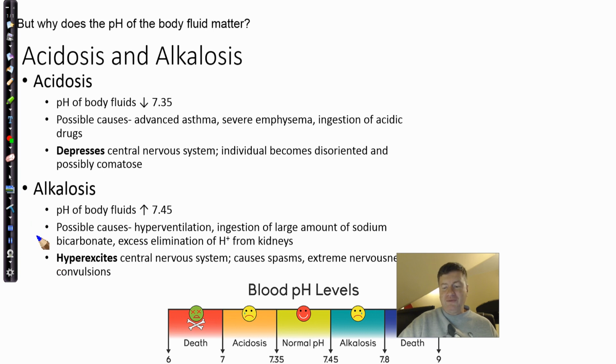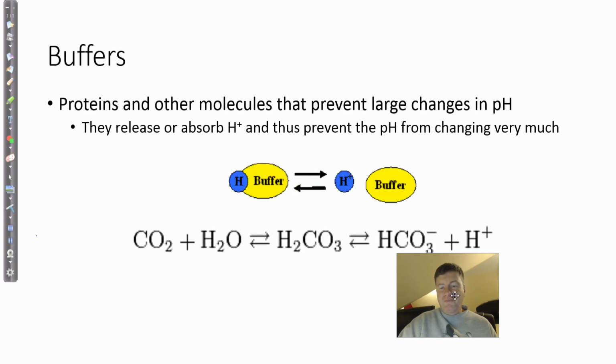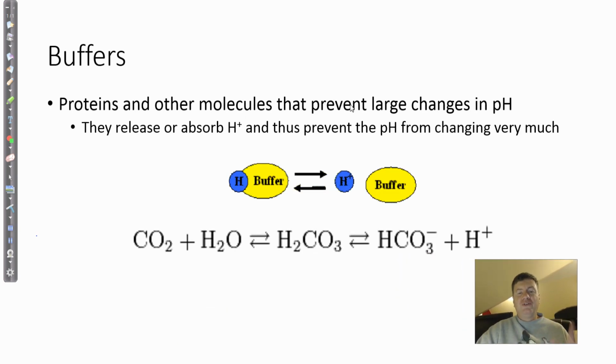Fortunately, we have systems in place that help regulate our pH. We have buffers, and I don't want to get you too confused by this equation here. But there are proteins and other molecules and other systems in our body that can prevent large swings in pH. They can either release or absorb hydrogen ions and thus prevent our pH from changing too much.